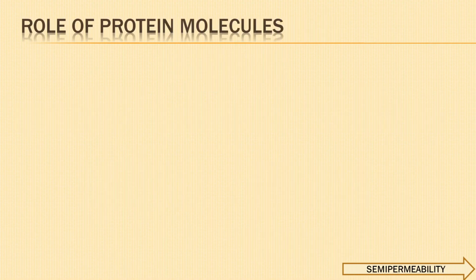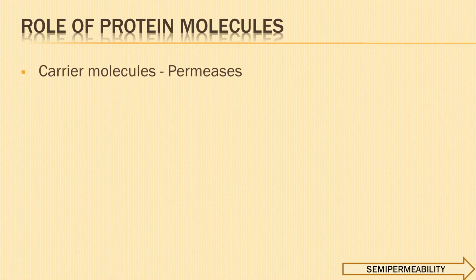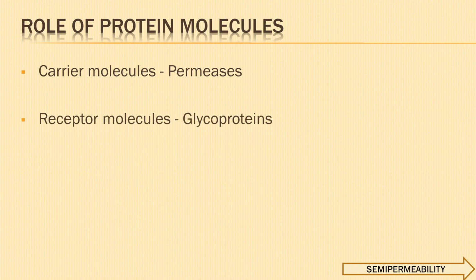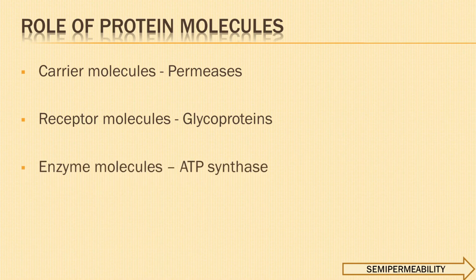Next we come to role of protein molecules. The protein molecules of the cell membrane may act as carrier molecules, receptor molecules, and enzyme molecules. Carrier molecules: the carrier protein molecule known as permease binds with the specific molecules and help in their transport.